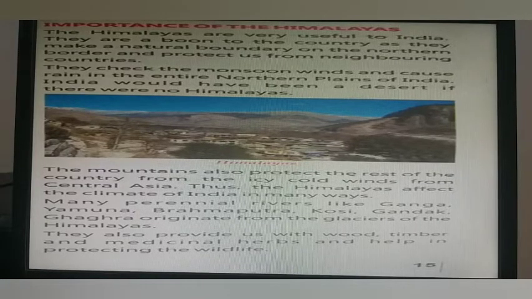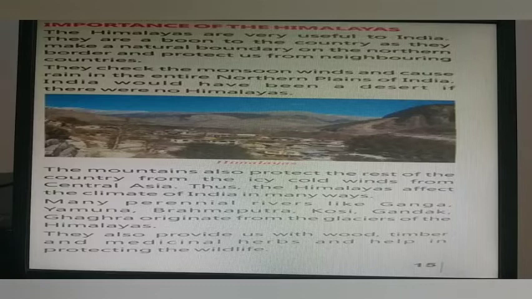Third, the Himalayas prevent rain-bearing clouds from escaping northwards beyond India. This causes rainfall in the entire northern India. Do you know that if the Himalayas would not have been there, then India would not have been receiving the rainfall it now receives?